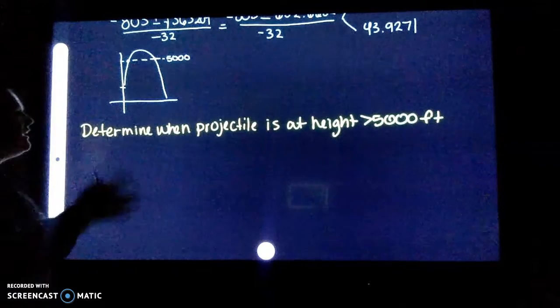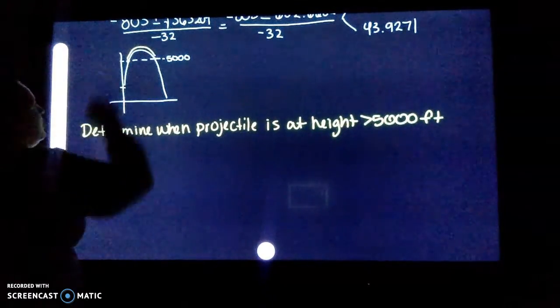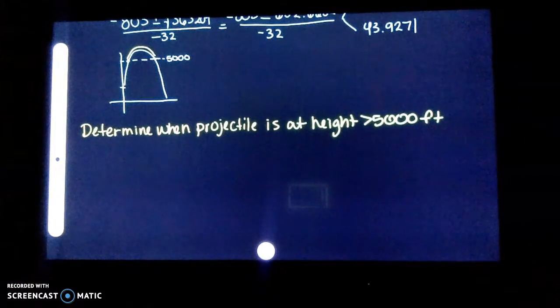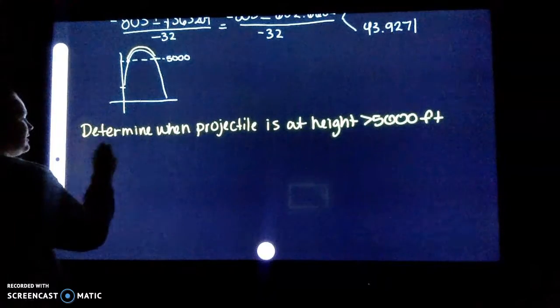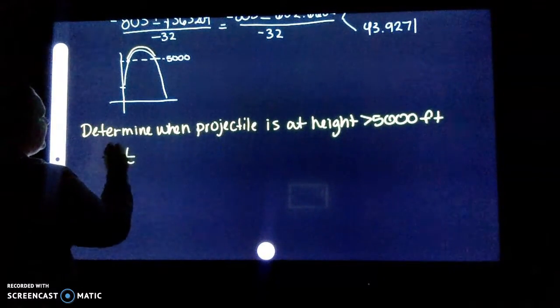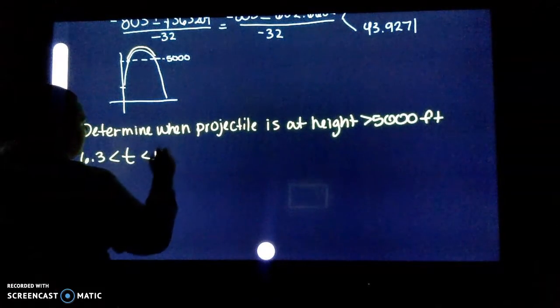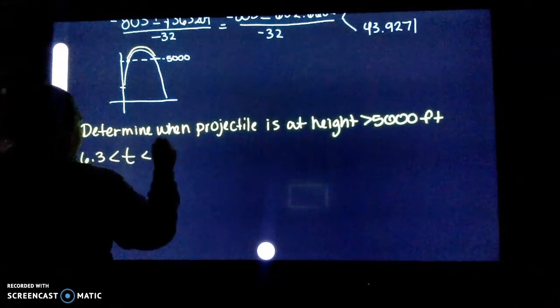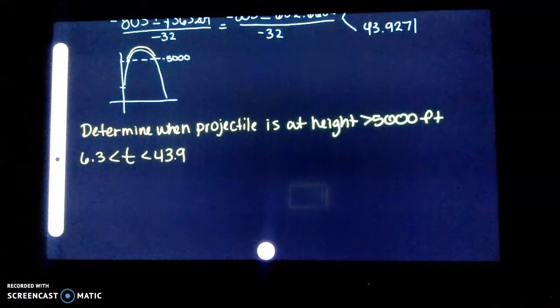We figured out when it hit 5,000, which means that between where it went past and where it came back through, it had to have stayed above 5,000 feet, which means that t greater than 6.3 but smaller than 43.9, that whole time it was above 5,000 feet.